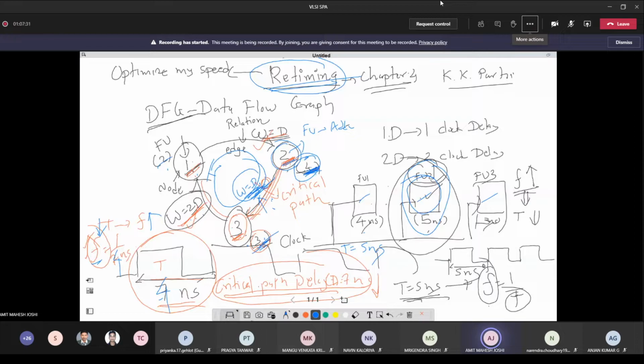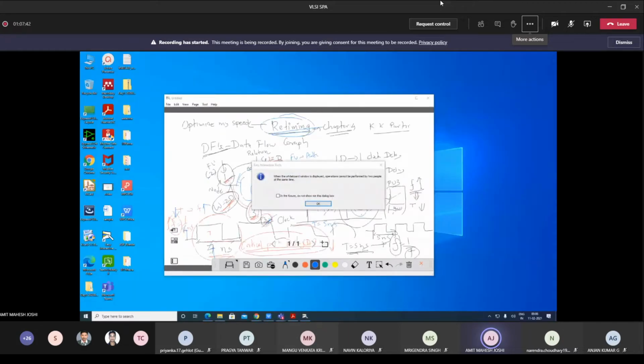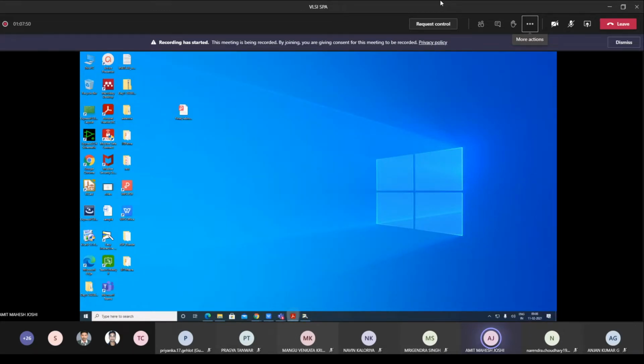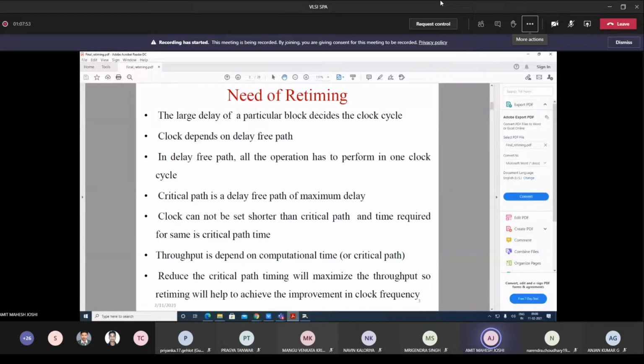Now I am going back to the PPT to try to understand what the word meaning is.